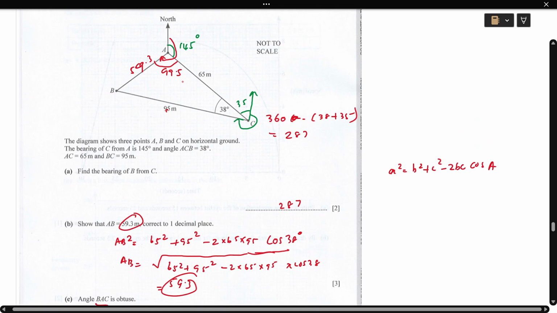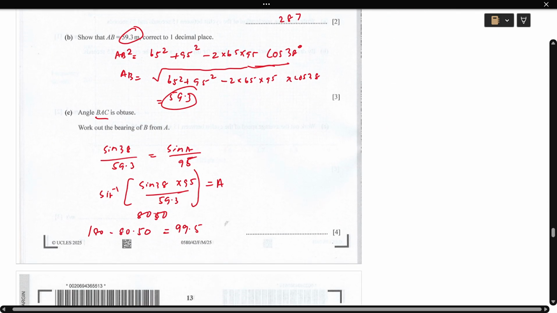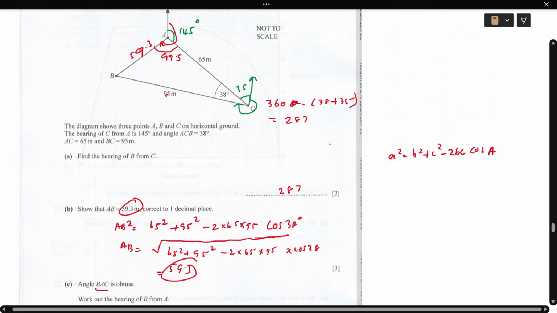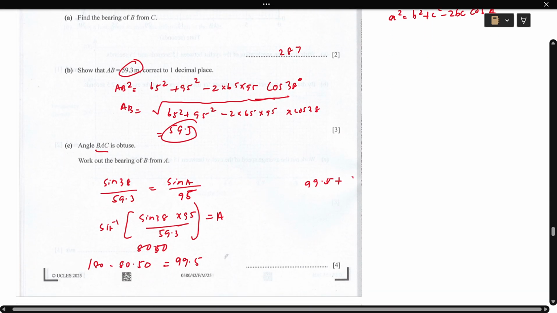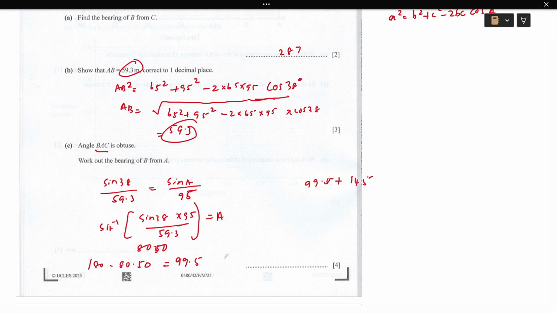So just add 145. We need to find the bearing, that is 99.5 plus 145, which is, the answer is going to be 244.6.